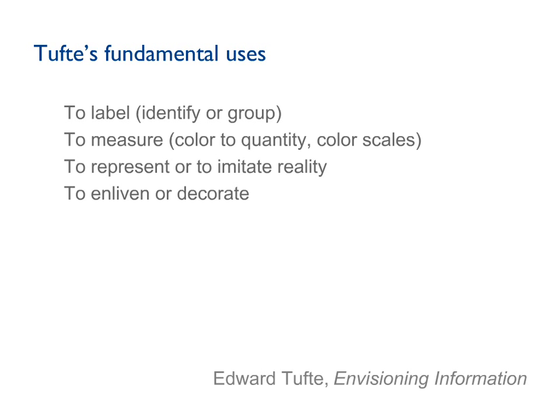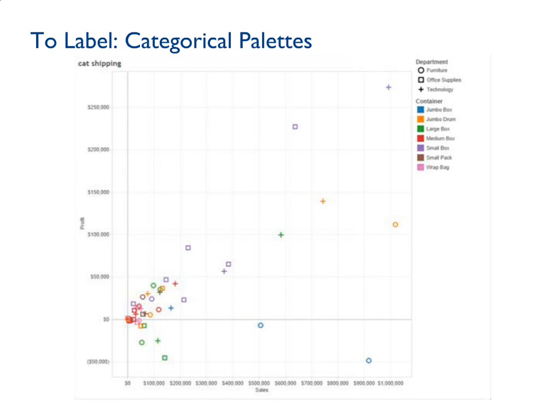So let's see some examples from Tableau. In Tableau, we have To Label, which is the categorical palette. Here we have the various kinds of shipping containers that we might use for data from a superstore. And we use that to label the different dots in the scatter plot.